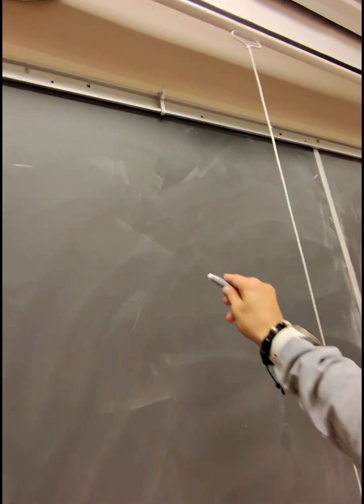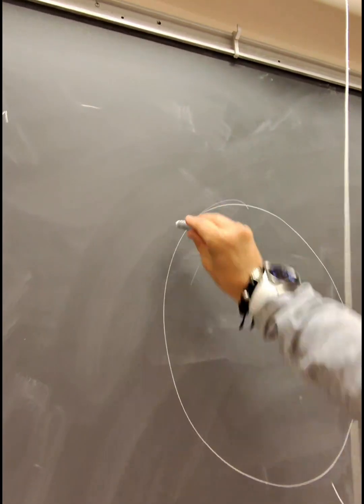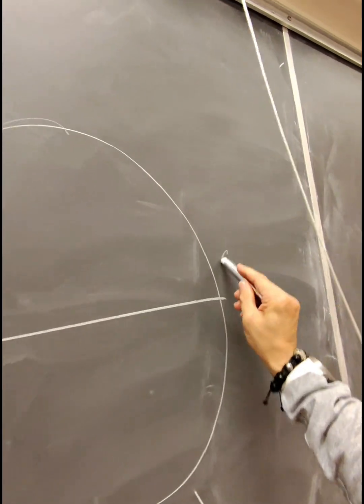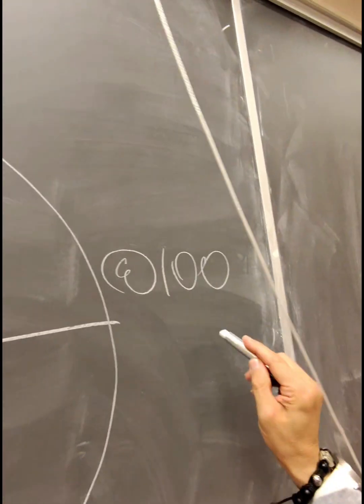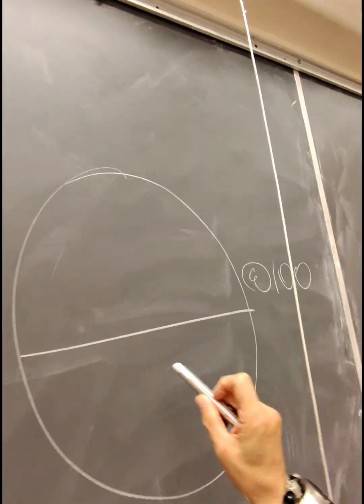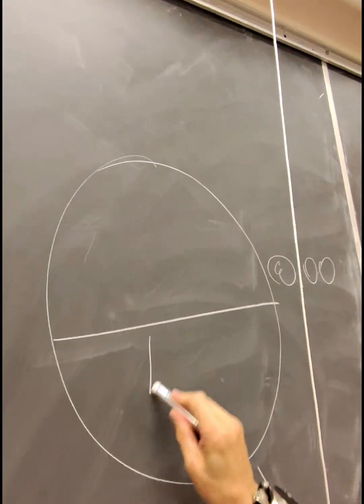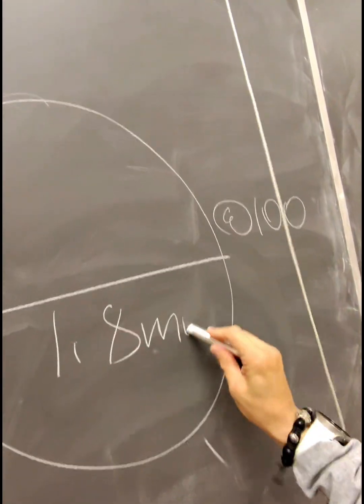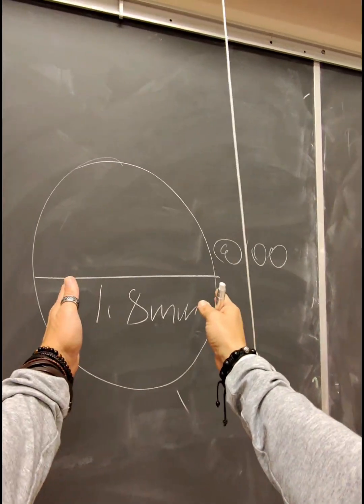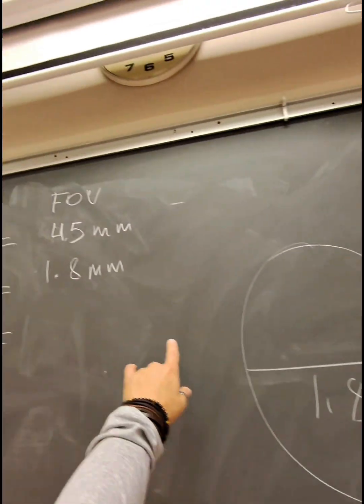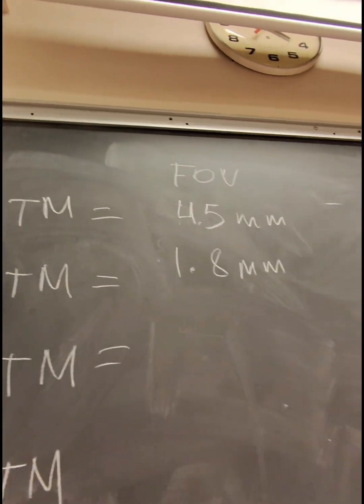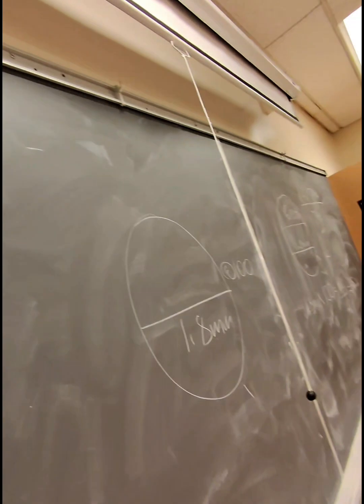Think. You have your field of view at 100, which is 1.8 millimeters. You can only see this much. But now your total magnification is less, but your field of view is wider.